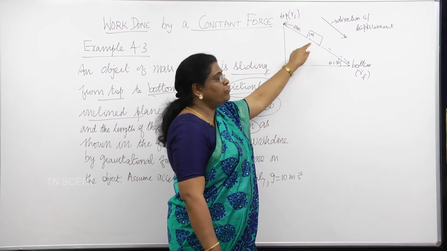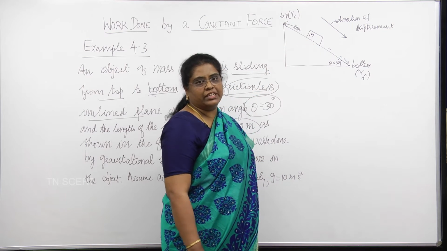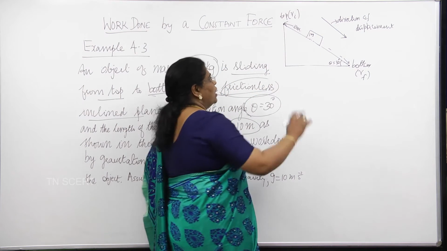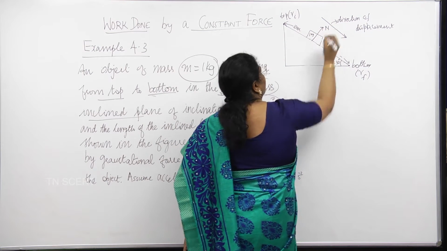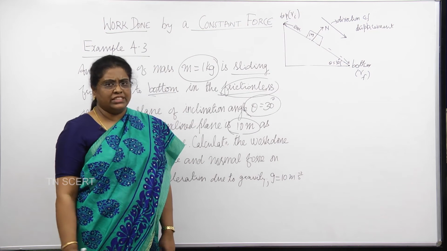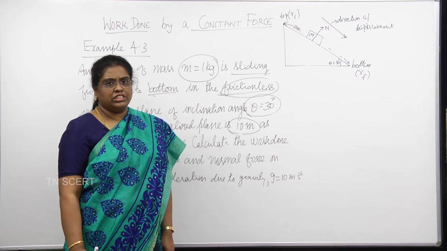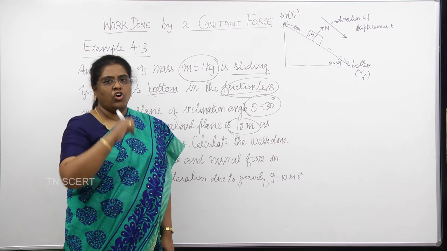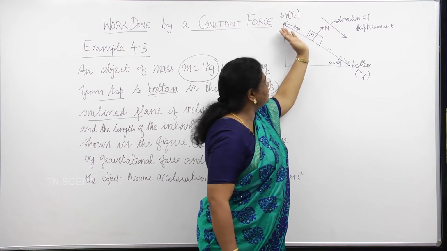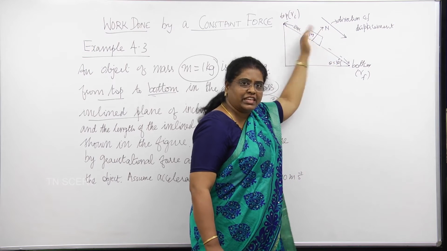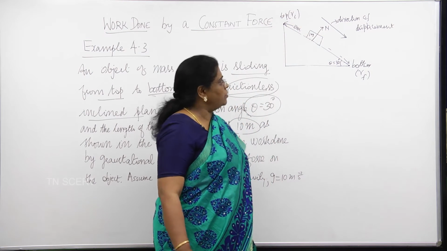Now, what are the forces that can act on this particular mass? One, normal force. We always draw the normal force. Normal force is exerted by the surface on the object, and therefore, it is in this direction because it is a slanting plane. The surface is like this, so normal should be perpendicular.